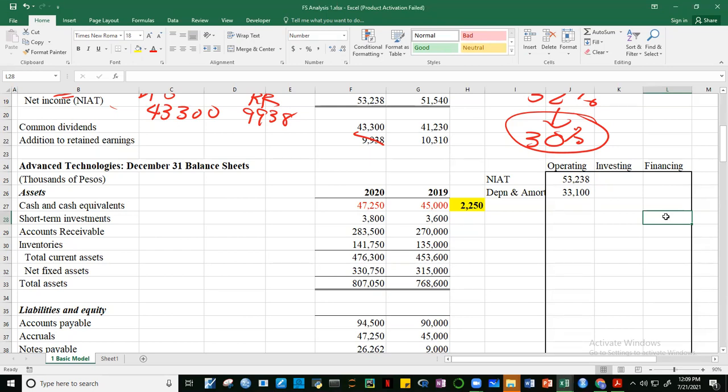So it's a source ba o use? Use? Sure kayo? From 3.6, naging 3.8, yung almost cash yan, diba? Para nag-increase yung cash natin.